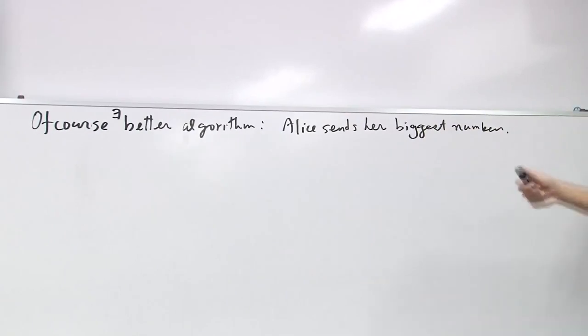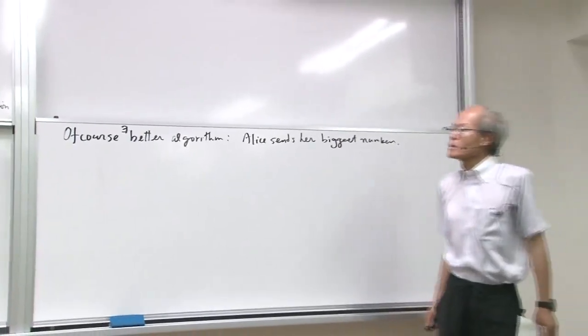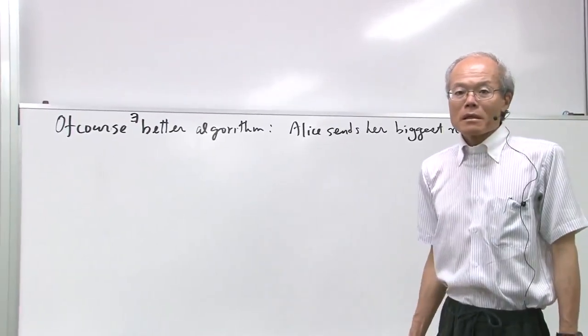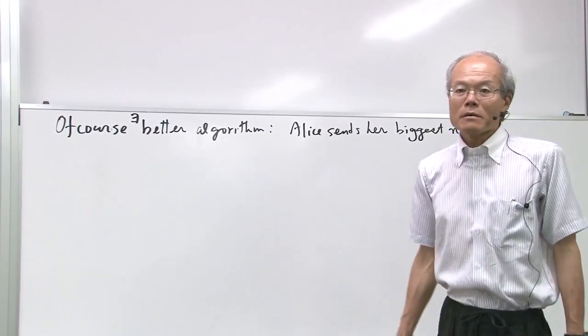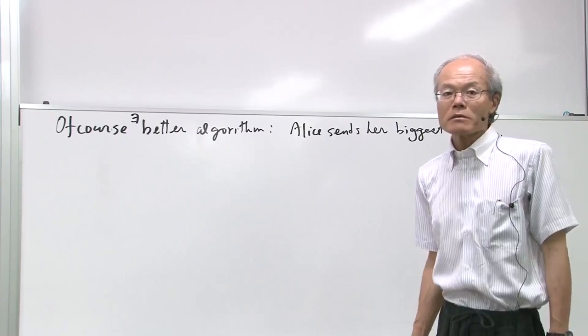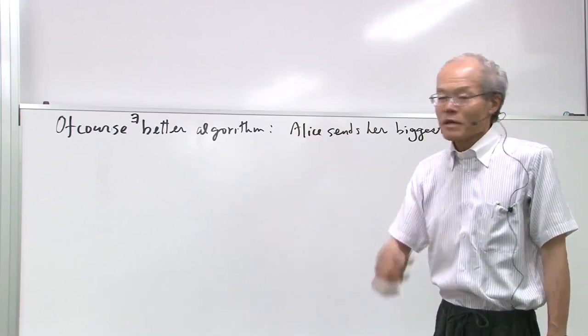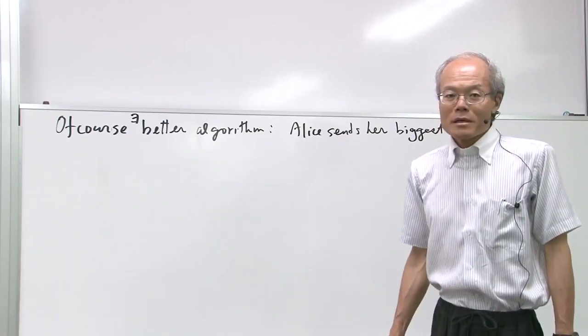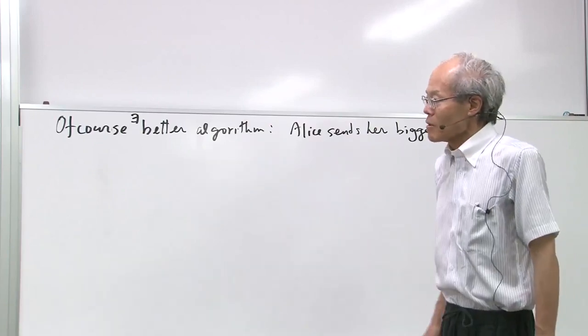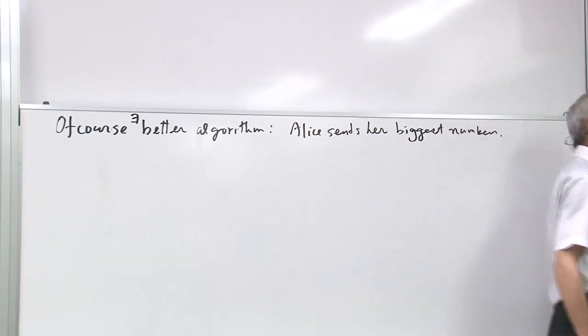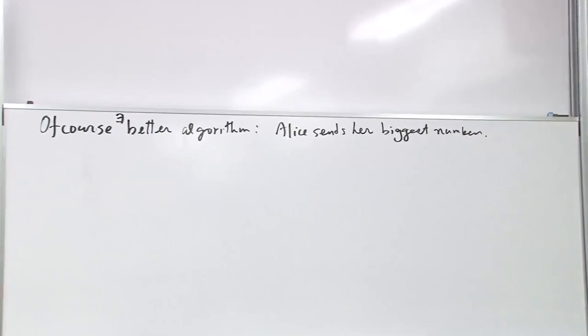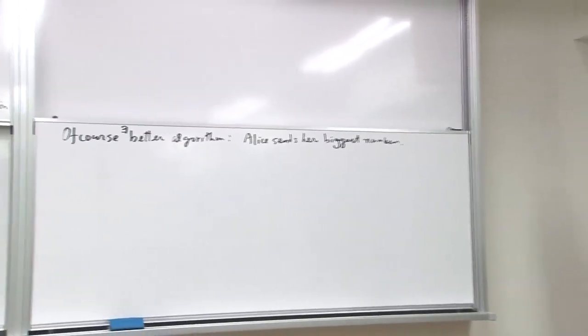Okay? In that case, Alice sends her biggest number 9. Then Bob can figure out that the biggest number in the set x union y is 9, because Bob does not have a bigger number than 9.